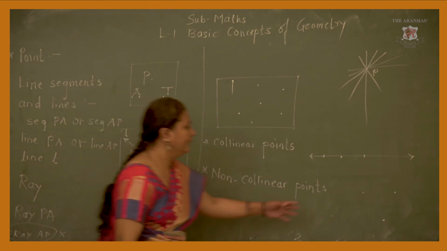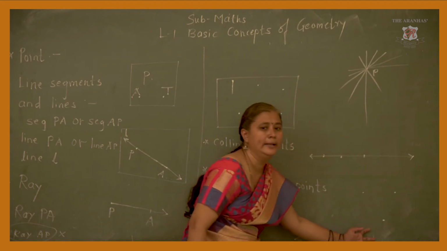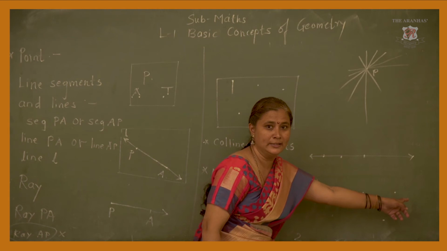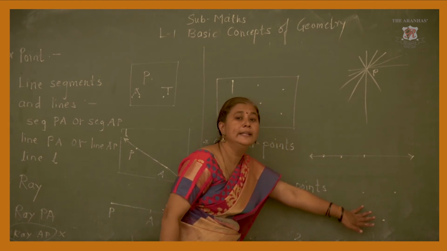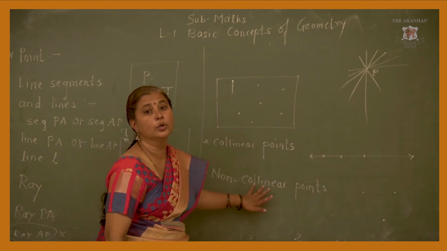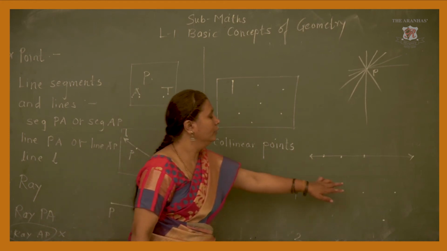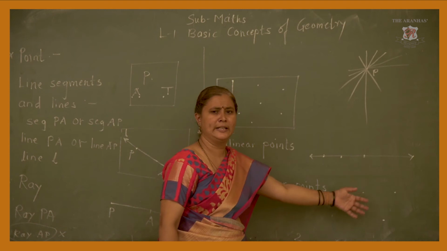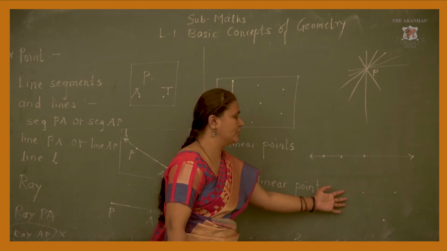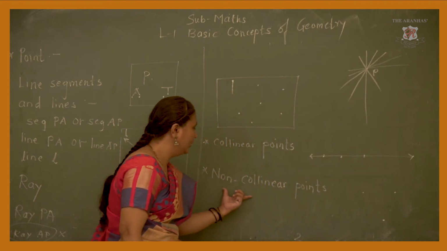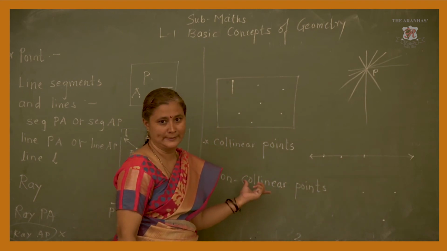The 3 points do not lie on the same line or a straight line, isn't it? So these are called non-collinear points. When three or more than three points do not lie on a straight line, they are called non-collinear points.